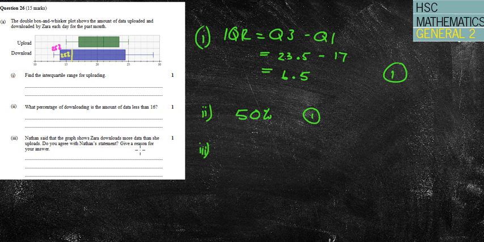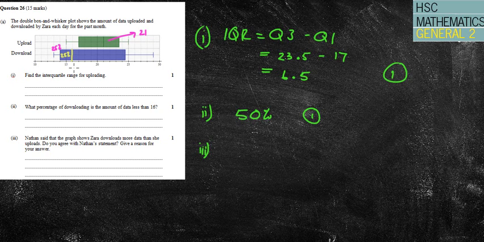So let's start looking at the other things that we know. I mean, average. Average is a really good thing to use because if one average is higher than the other, then we know which one's the biggest. If we look at the uploads, we mentioned this early on in this question, we can see that the median line here was at 21. Therefore, for uploads, the median was 21 per day.